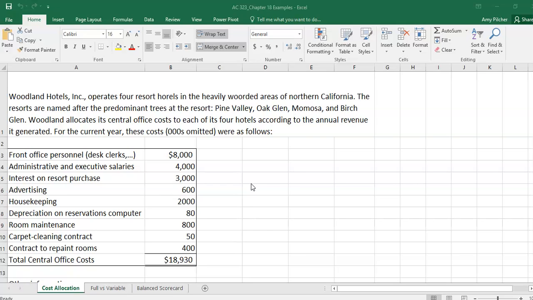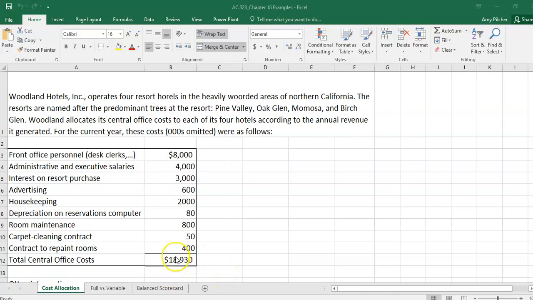So this first example looks at cost allocation. And the cost allocation right now for this hotel area is based on the annual revenue each resort generates. We are allocating our administrative costs here.